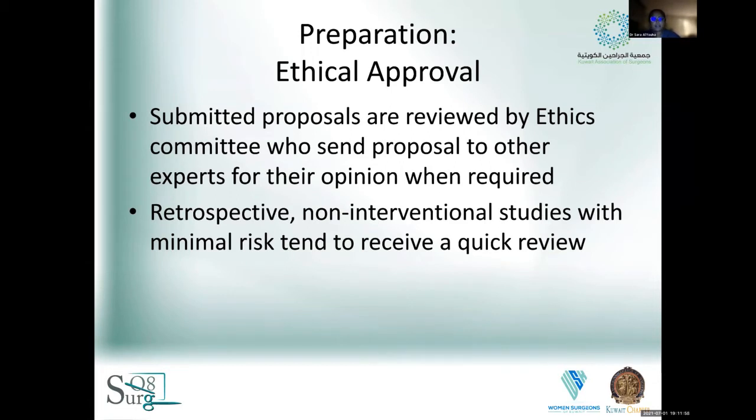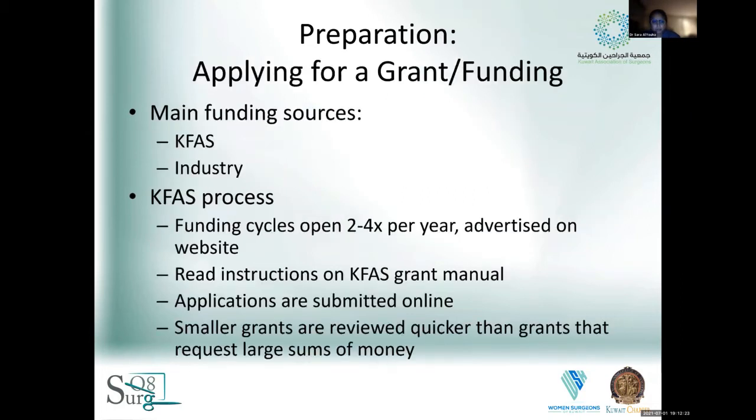And this might sometimes take a while because it's out of the ethics committee's hands how long those people take to respond to them. If your proposal is very straightforward with minimal potential harm, then it tends to be done quickly. So for example, if your study is purely retrospective without any intervention and with minimal risk, it tends to get a response pretty quickly, okay?